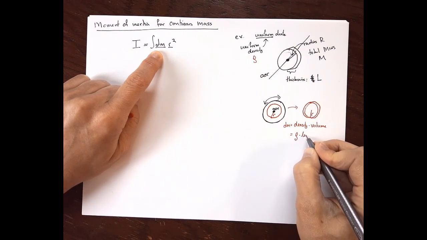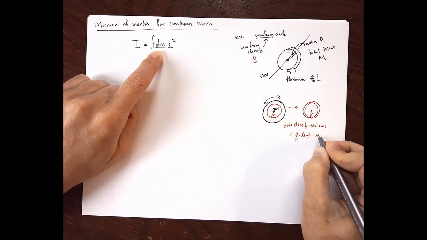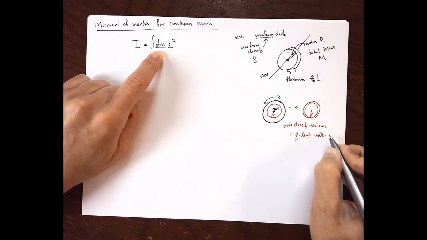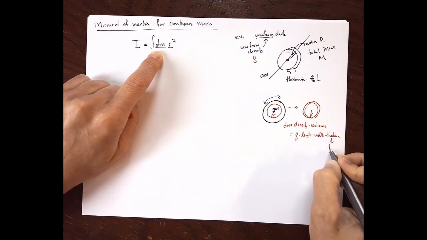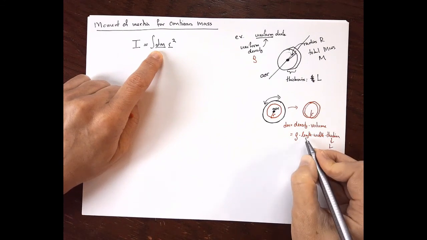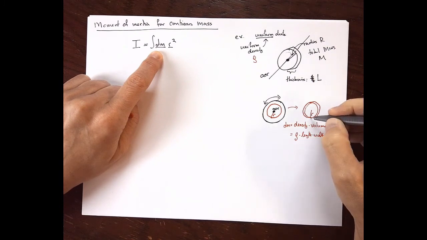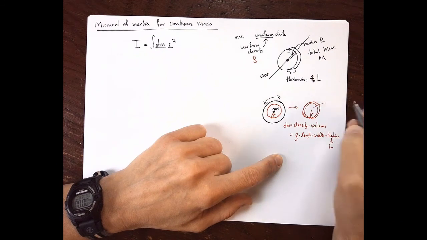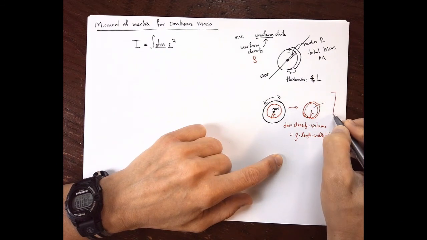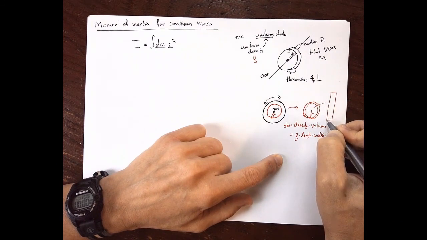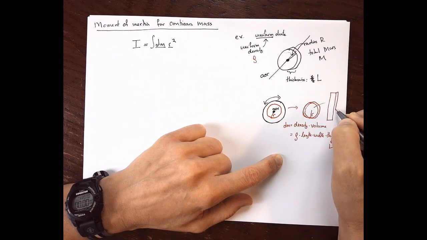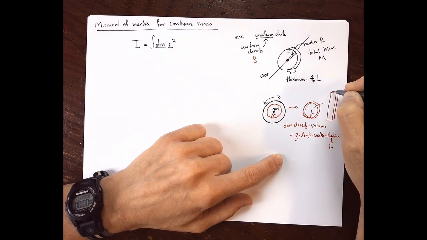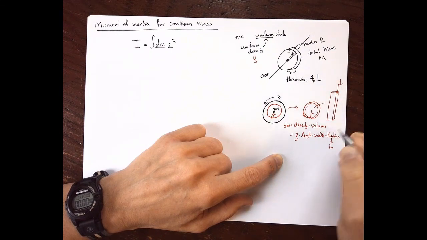That'll be the length times the width times the thickness. And yay, we know the thickness. The thickness is L. The length is going to be the length around this way. If we cut it like there, we'd have a strip like this, and it would have thickness L.